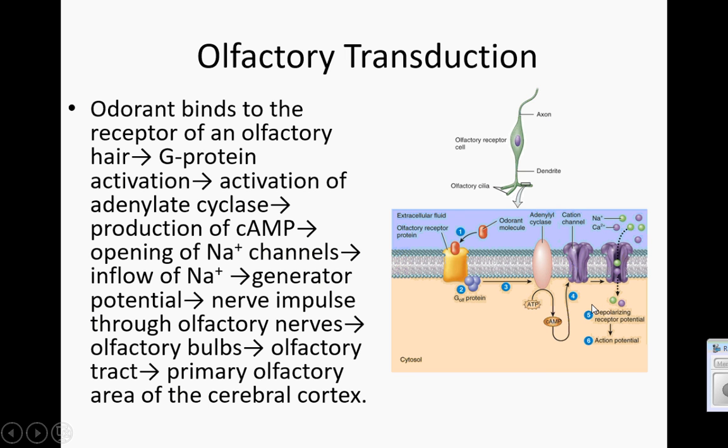Guess what happens when sodium rushes in? We depolarize, and if enough sodium rushes in, guess what happens? We create an action potential or nerve impulse in those olfactory receptor cells. They then transmit that signal inward to the olfactory bulbs, then to the olfactory tract, and then ultimately the primary olfactory area of our cerebral cortex.